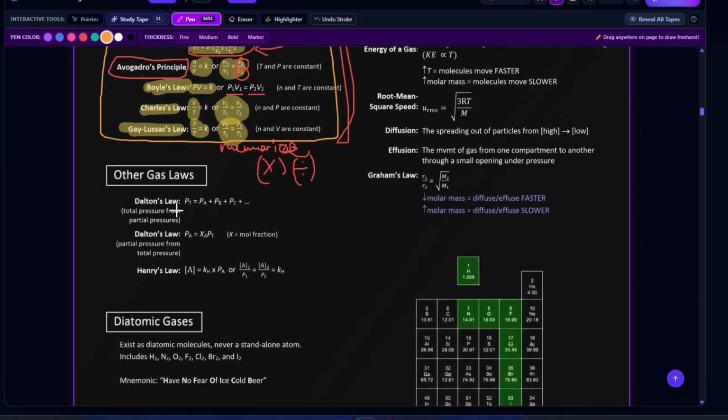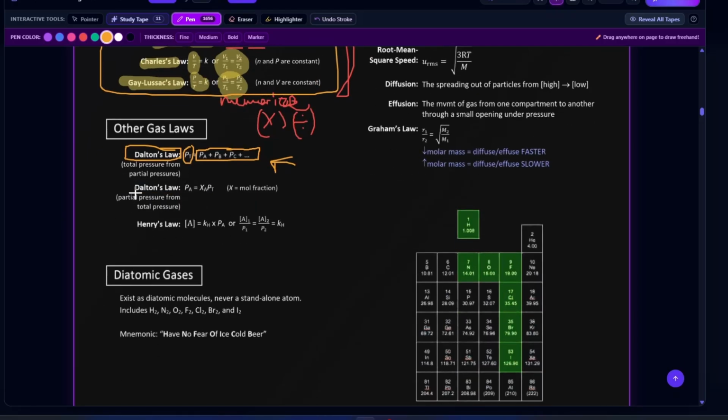Other gas laws, Dalton's law is important. In Dalton's law you can find the total pressure of a gas based on the sum of all its partial pressures. So the problem might give you that. The practice problems of Dalton's law can also be finding partial pressure from mole fraction.